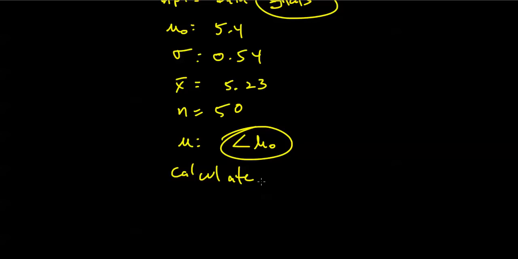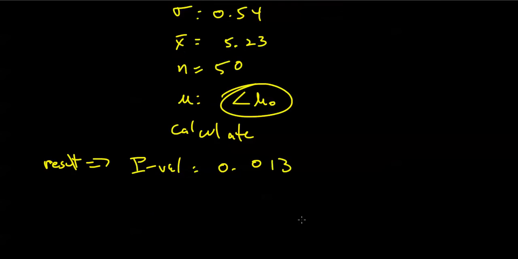See, and I get a p-value of 0.013. So from the results screen, we'll get a p-value of 0.013. Okay? Alright, so step 2 is done.